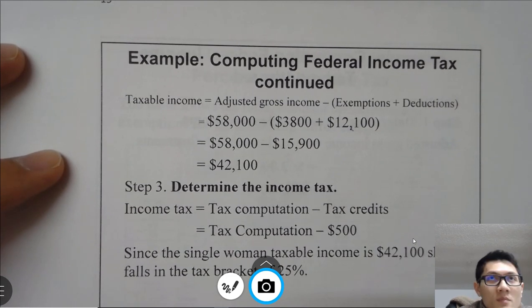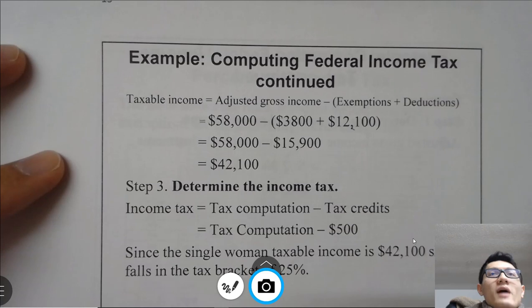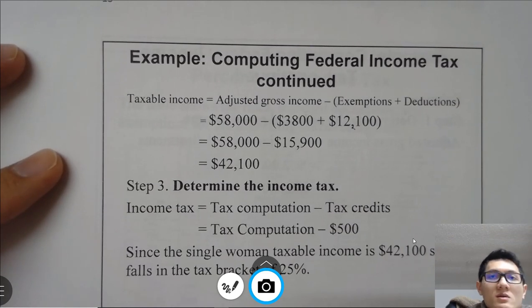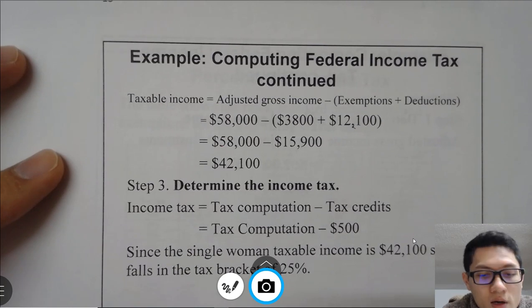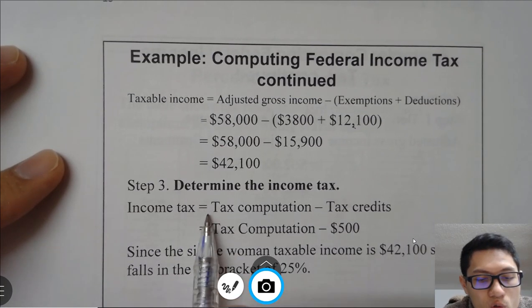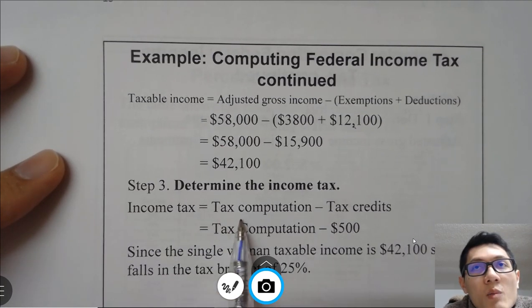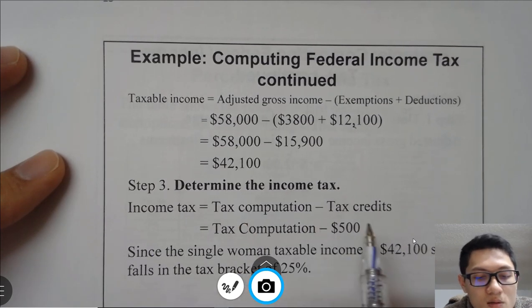Taxable income, okay? So after we find her taxable income, we determine her income tax. Income tax is equal to tax computation minus the tax credits.